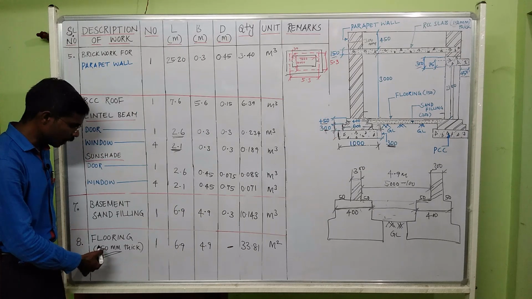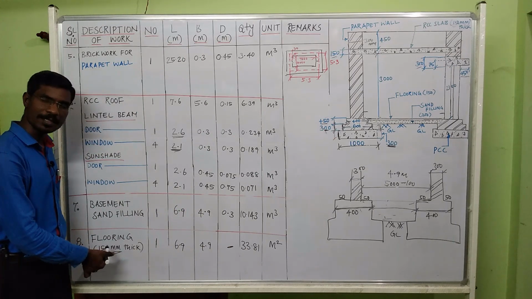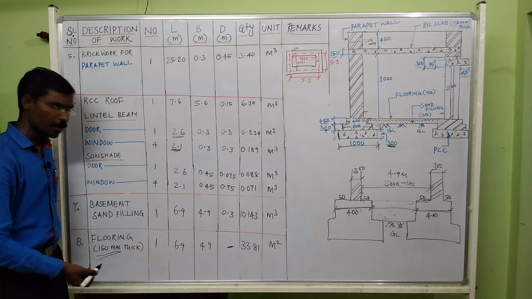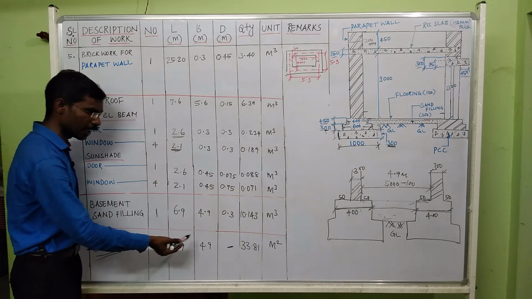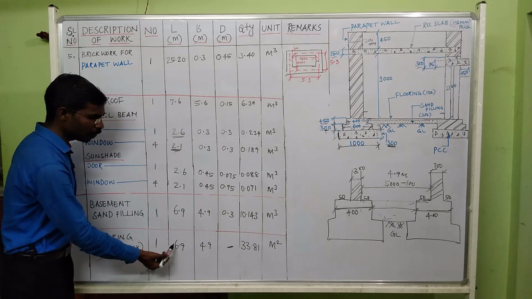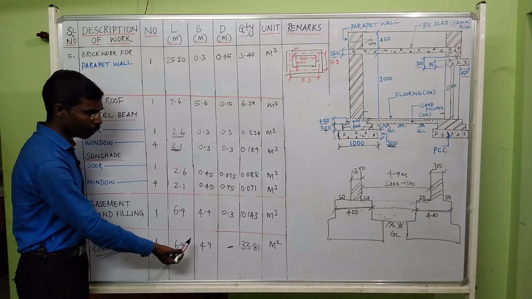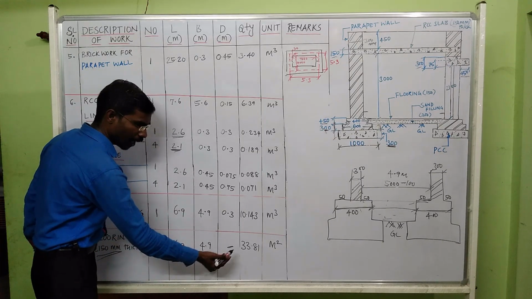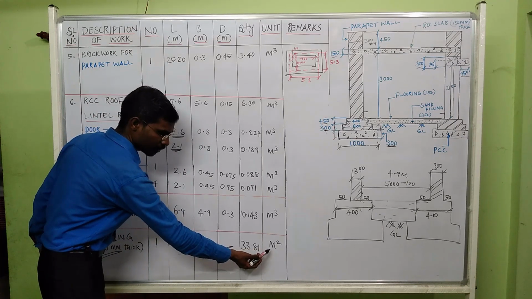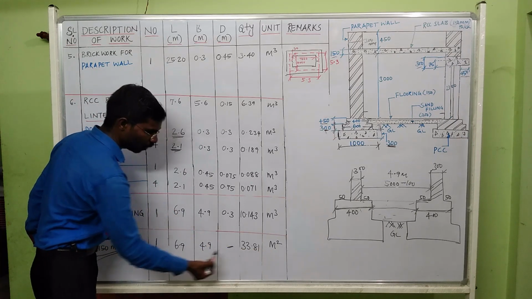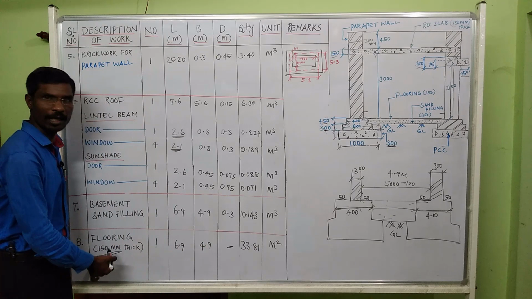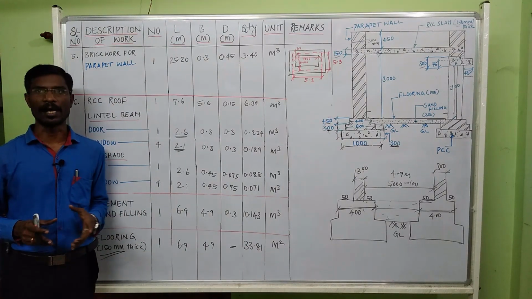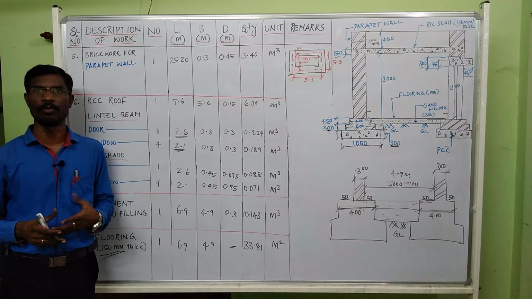For flooring, you need to mention 150 mm because flooring is a surface work, so we are not going to calculate the depth. Multiply 6.9 meter length and breadth 4.9 meter. Don't mention the thickness and calculate in square meter, that is 33.81 m square for the flooring. So this is a method to calculate the different items of works of your buildings.